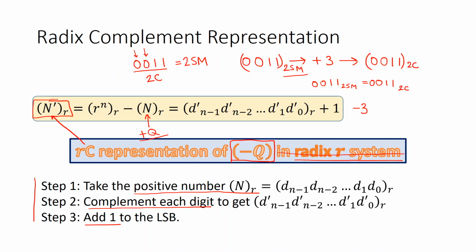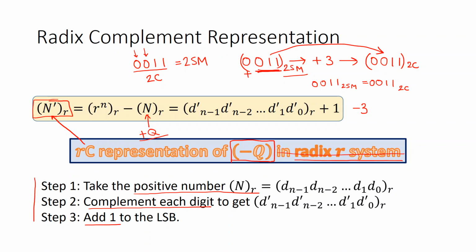So magnitude comes 1 1. Then you have 2 more bits to fill. The MSB would be 0. What would be the other bit? That would also be 0, because these 3 bits would totally form your magnitude of 3, and this is representing the plus. So this is the 2's sign magnitude, and that is the same as the 2's complement representation.